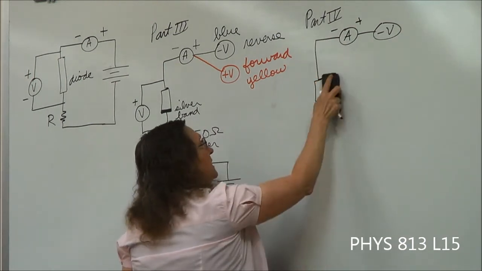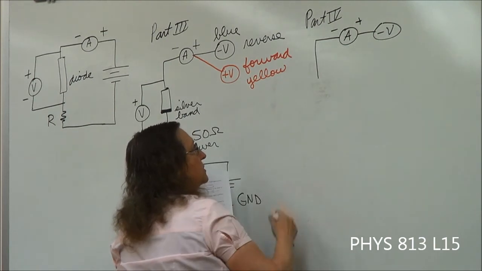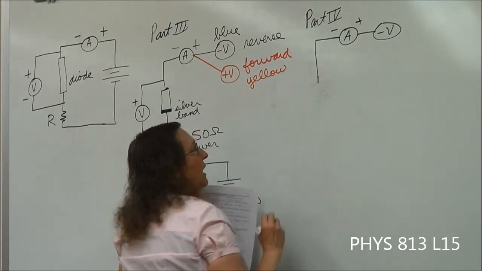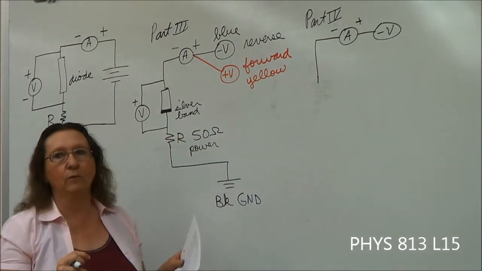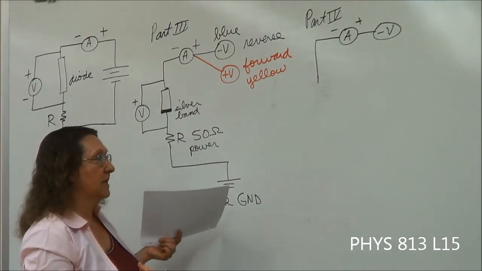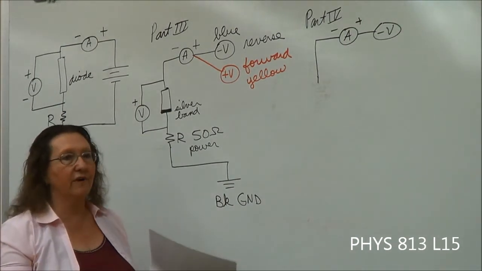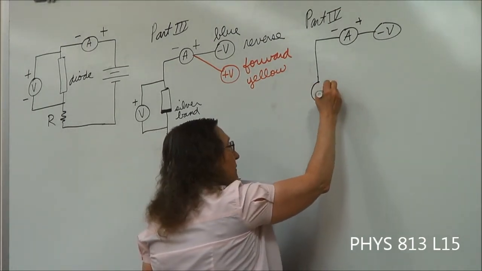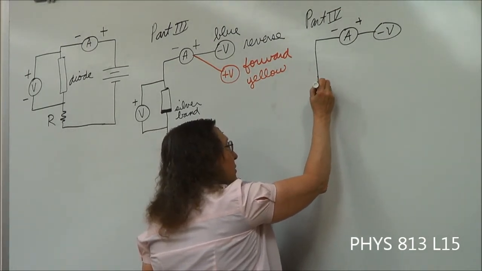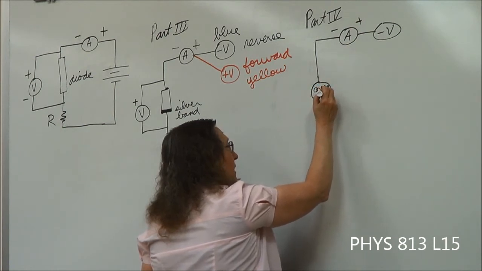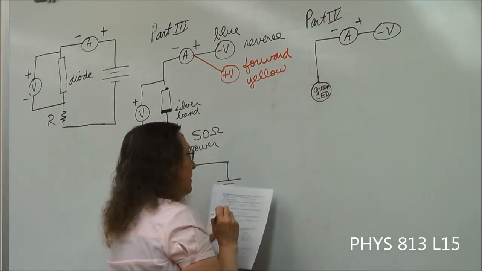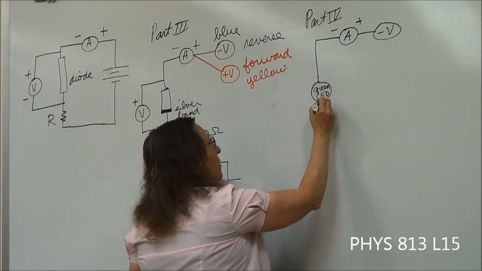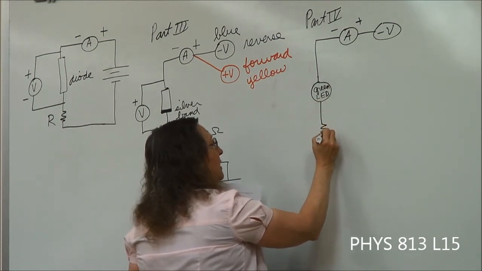And the LED that I want you to use, you should have 2 of them. You should have a yellow one and a green one. And I don't know that it makes a lot of difference. You'll get slightly different values. But what I did was the green one. And I'm going to put green LED.